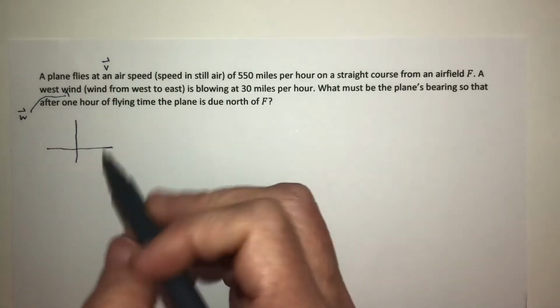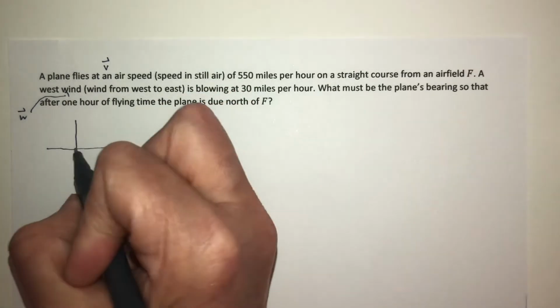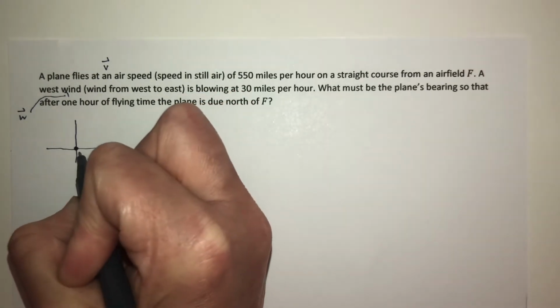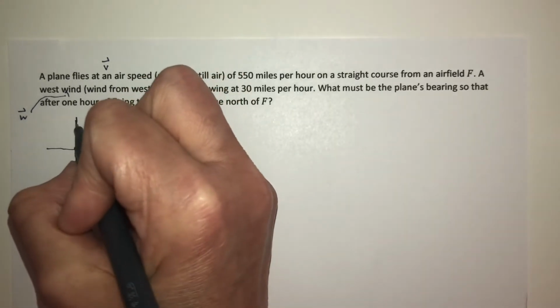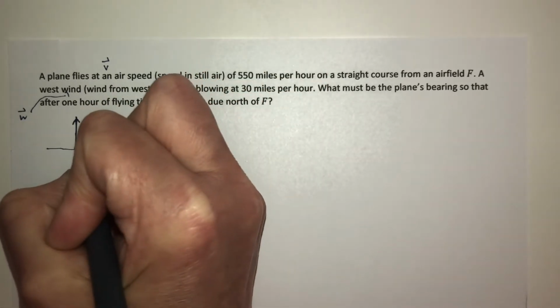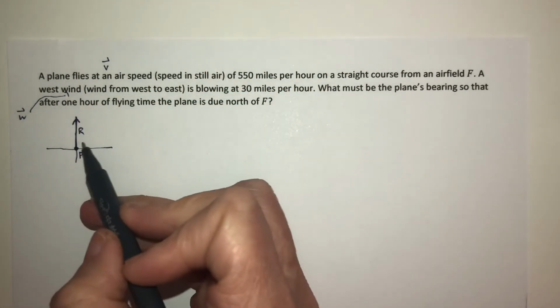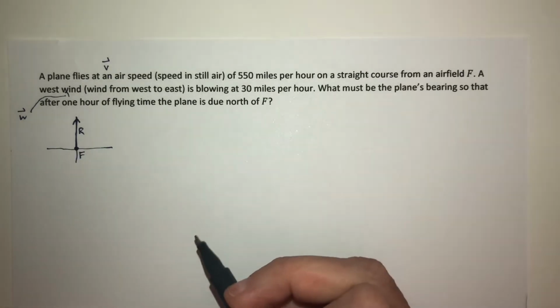And then the resultant is going to be r. Now, if this is my airfield, I want the resultant to lie right here. So I want the angle for r to be 90 degrees.